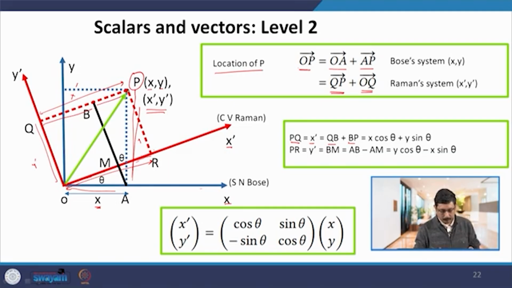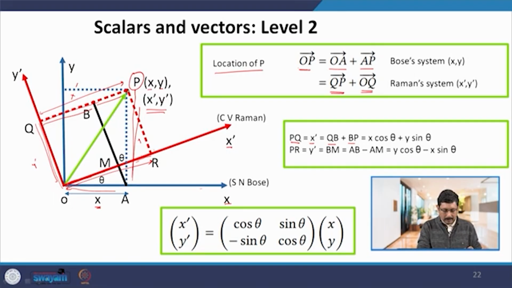Now, how much is QB? So, this is a rectangle. So, QB is the same as, let us call this point M, OM.